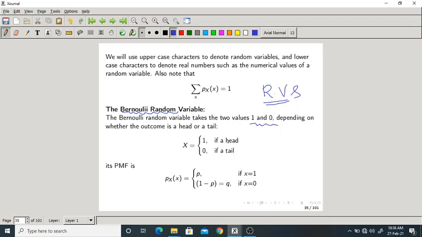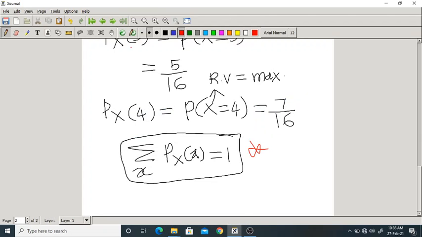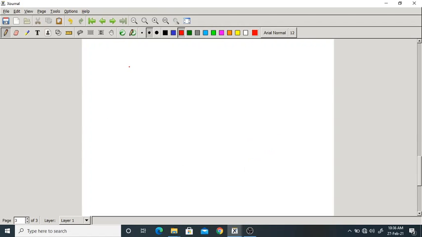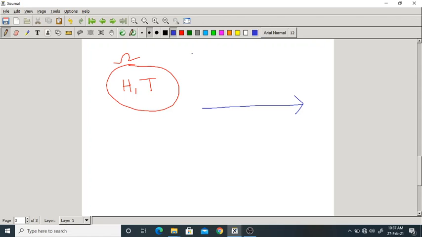So if the outcome is head, let me write something like that. For understanding purposes, suppose we are conducting an experiment. Let's assume that it is a coin tossing experiment. So what is the sample space? Getting a head or tail, isn't it? This is the sample space. But we have to define a random variable, so we call it a Bernoulli random variable.